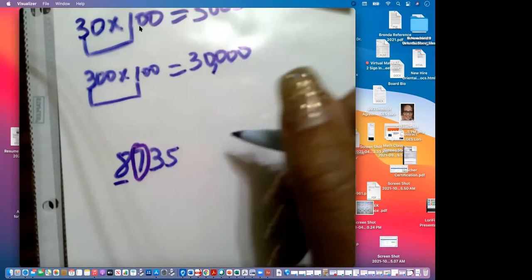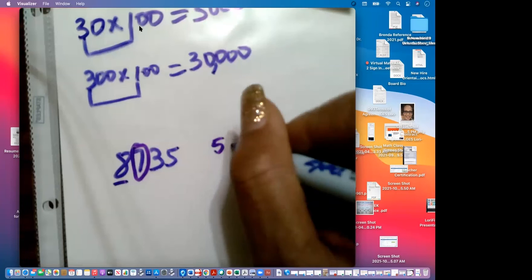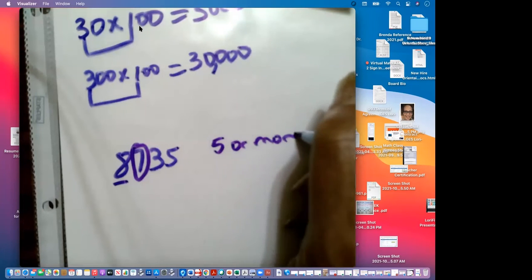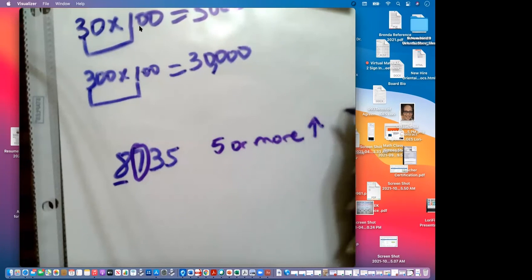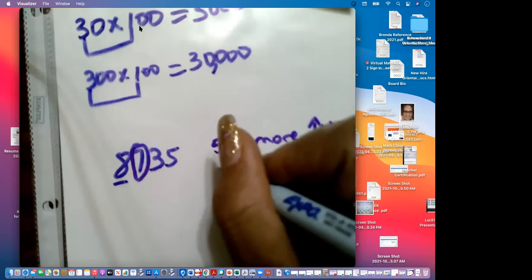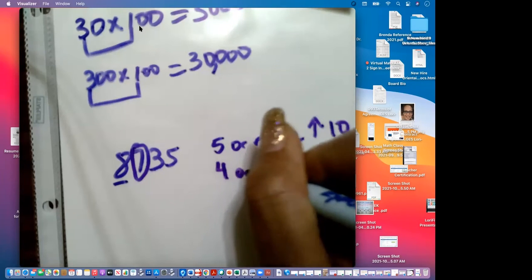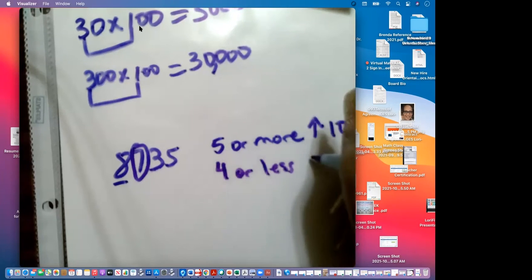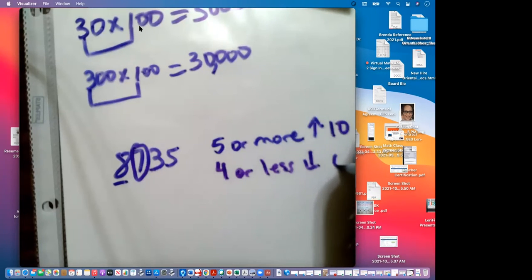So write this down. If it's 5 or more, you're going to round up to 10. If it's 4 or less, you're going to round down to 0.